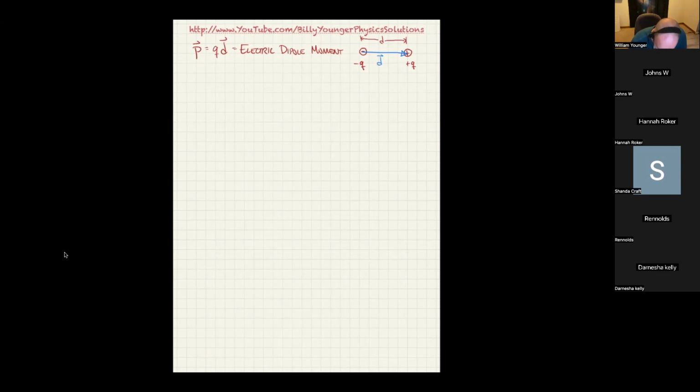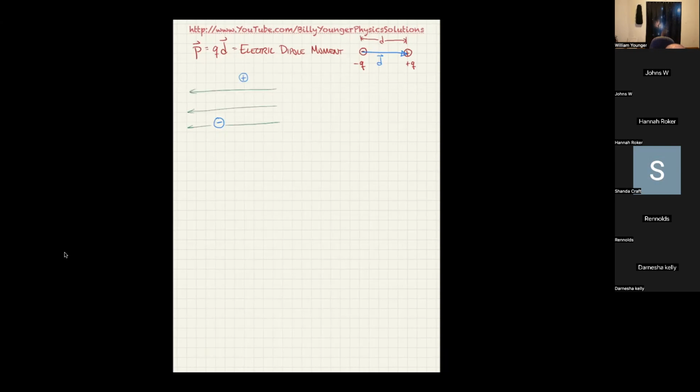So what I'd like to do is consider an electric dipole like that one immersed in an electric field. So let's take this negative charge here, and let's take this positive charge here, and let's imagine that it's actually submerged in electric fields that go this way.